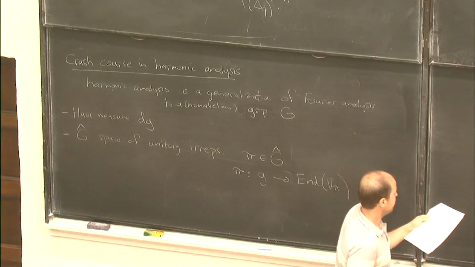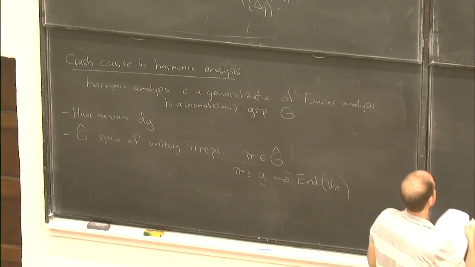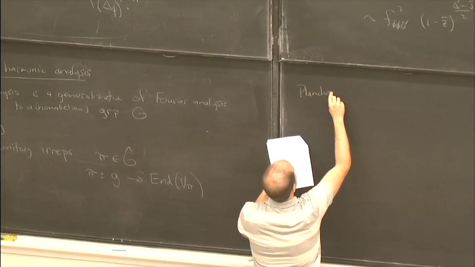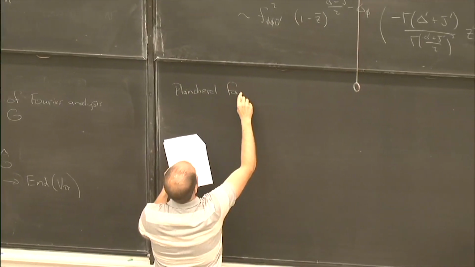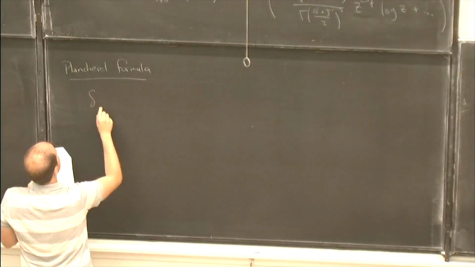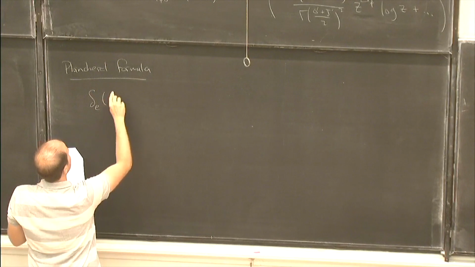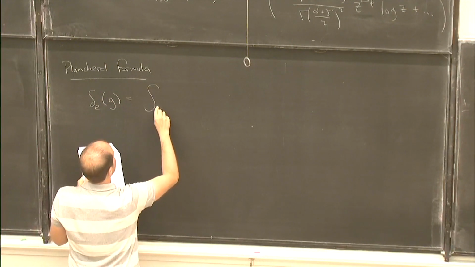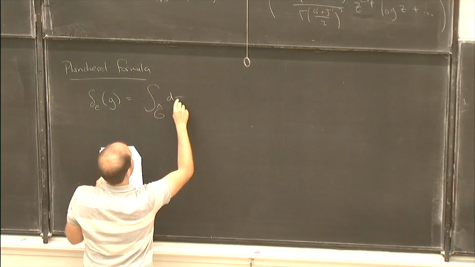So the starting point for harmonic analysis is a Plancherel formula, which is an expression for a delta function on the group as an integral over the space of irreducible representations.